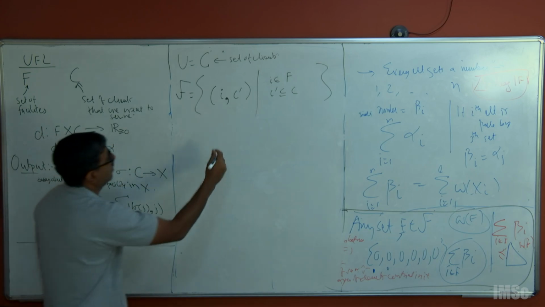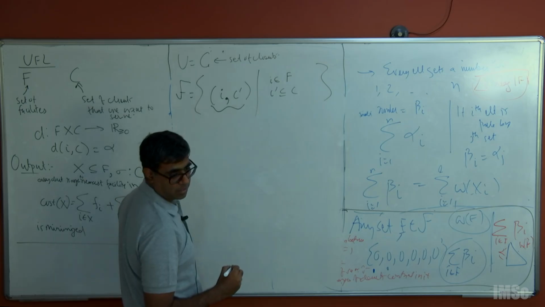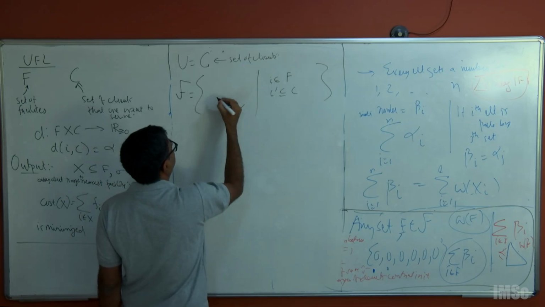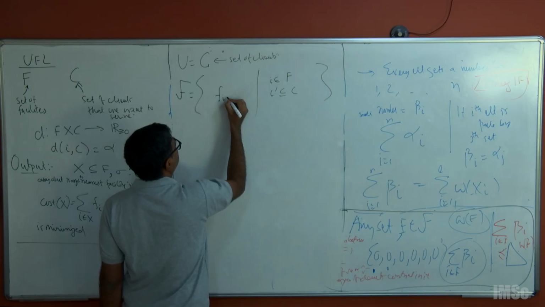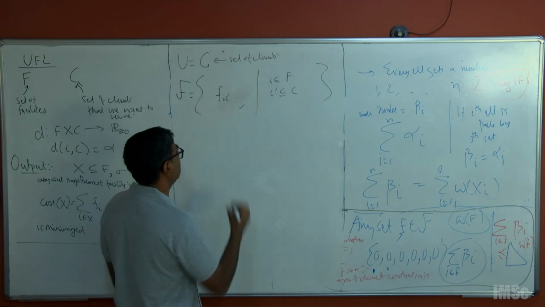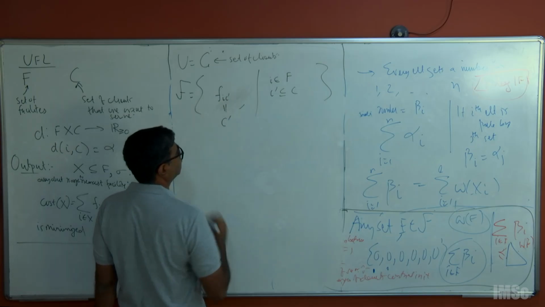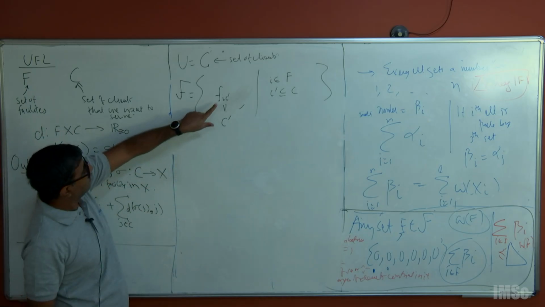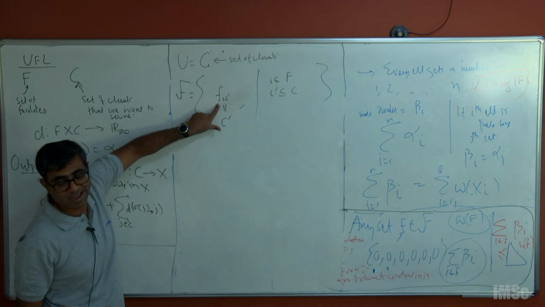What does this set (i, C prime) mean? Actually, I should write it as F of (i, C prime), which is equal to C prime, but its name is (i, C prime), which tells me that when I pick this set, it is served by facility i.